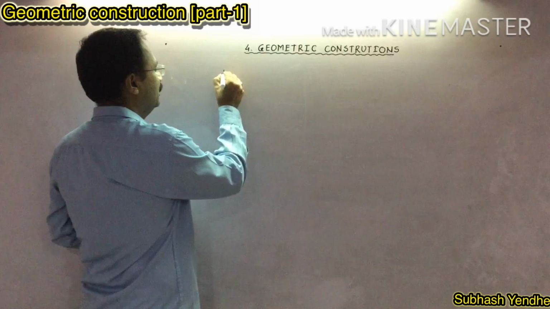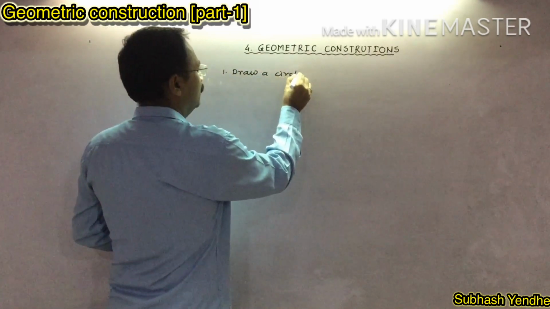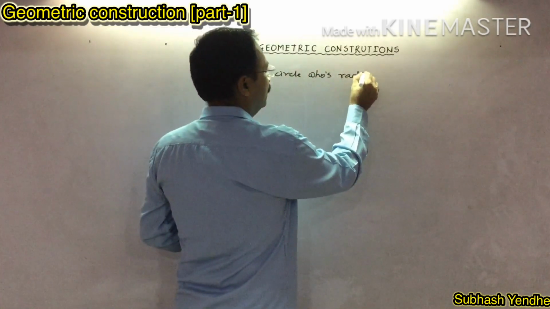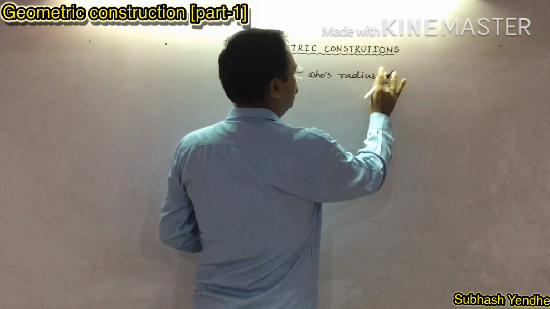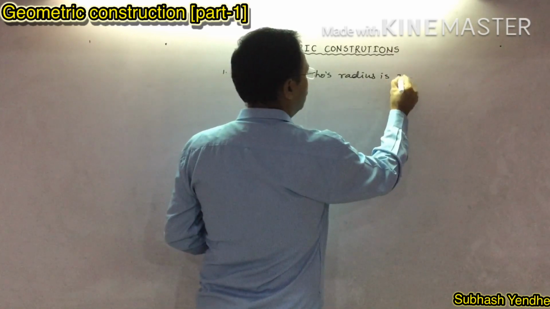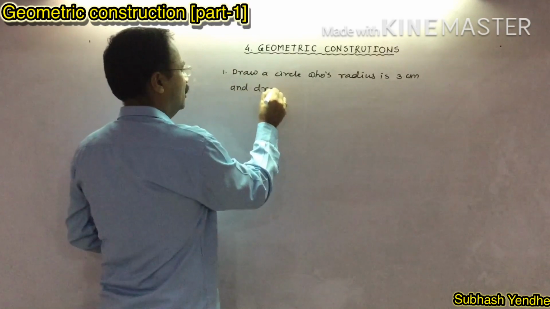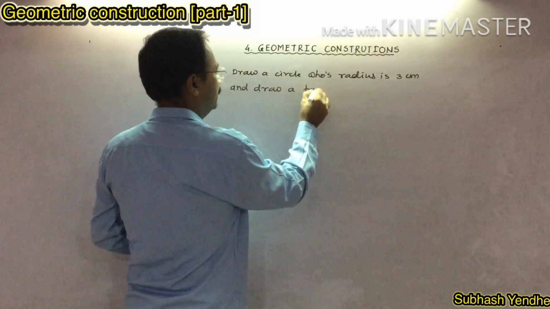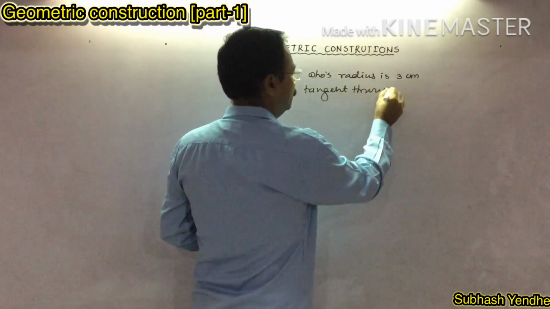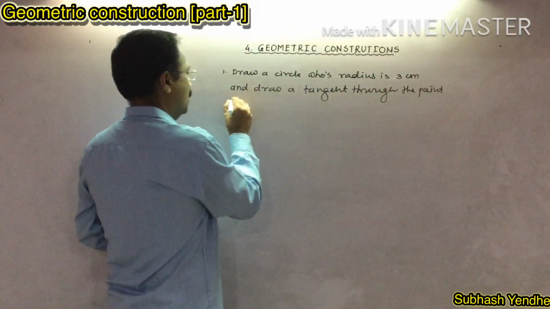Draw a circle whose radius is 3 centimeter and draw a tangent through the point P on the circle.